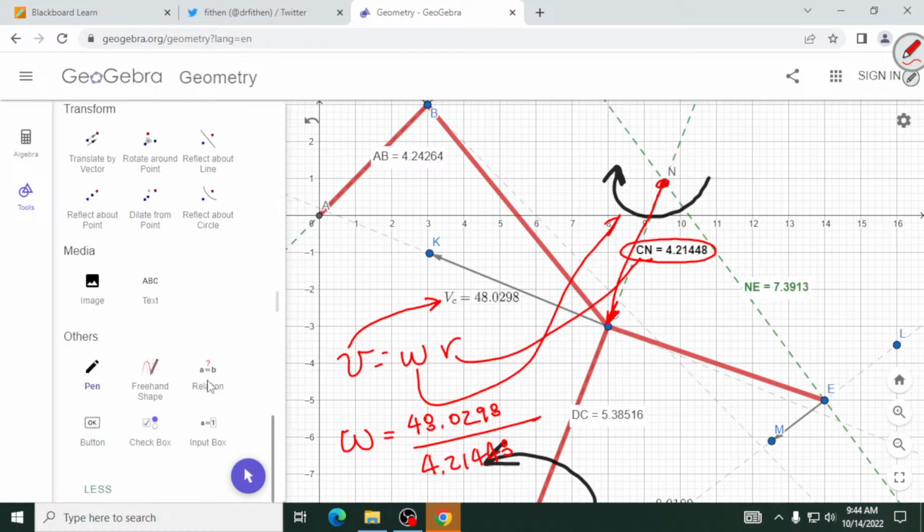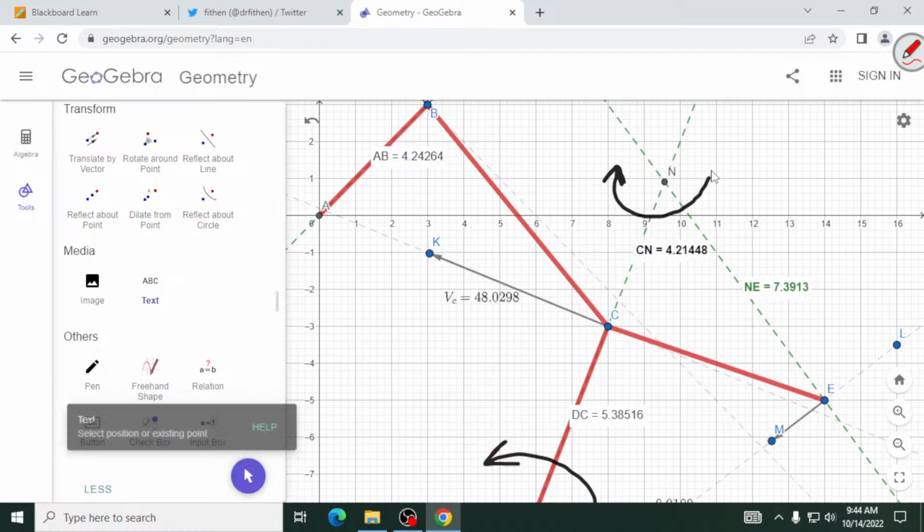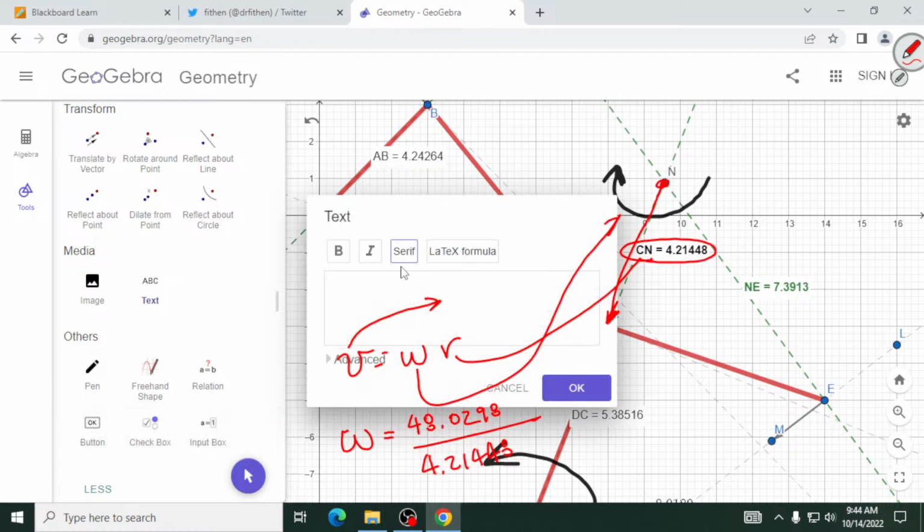Text. There it is. Okay, I'm going to put my text about right here. I'm going to put a LaTeX formula. Omega. Which one was that?